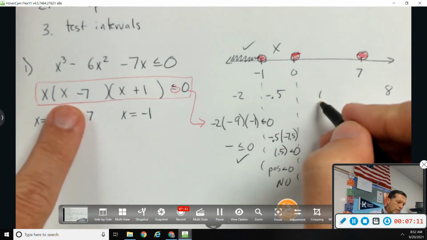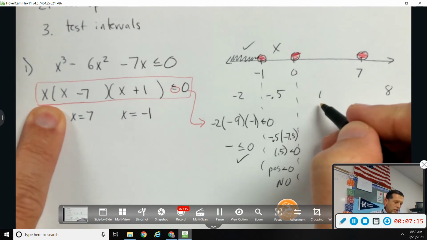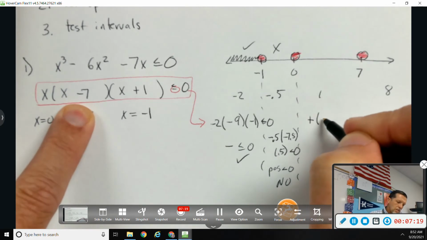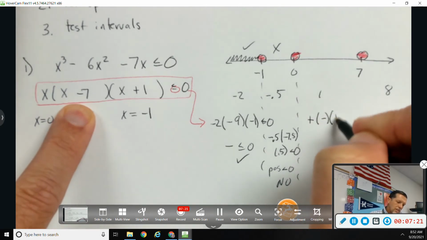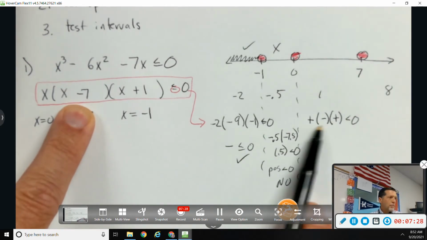Let's plug in 1. Let's go a little bit faster. Since I'm only concerned about positives and negatives, if I plug in 1, I get a positive times a negative times a positive. Everybody okay with that? I breezed through that one because I don't care about the numbers. I care about the signs.